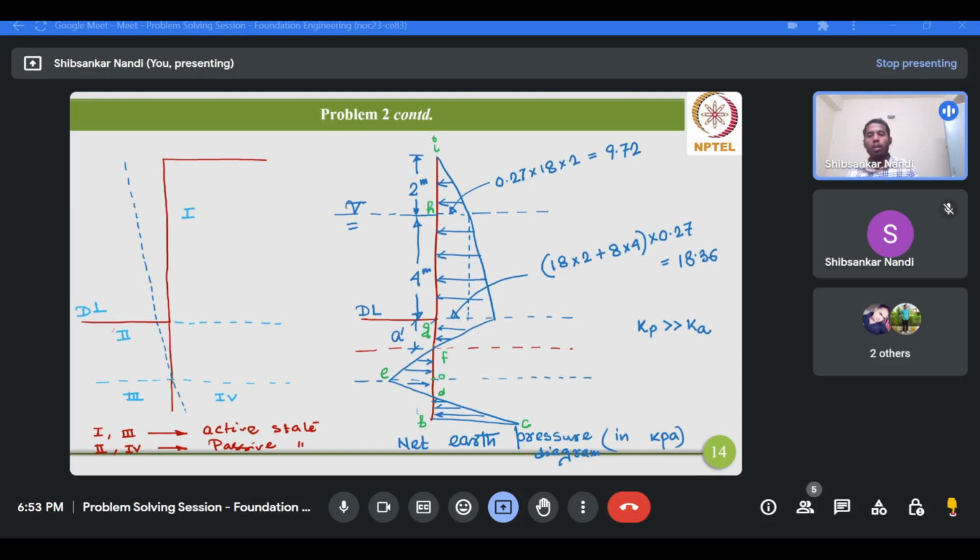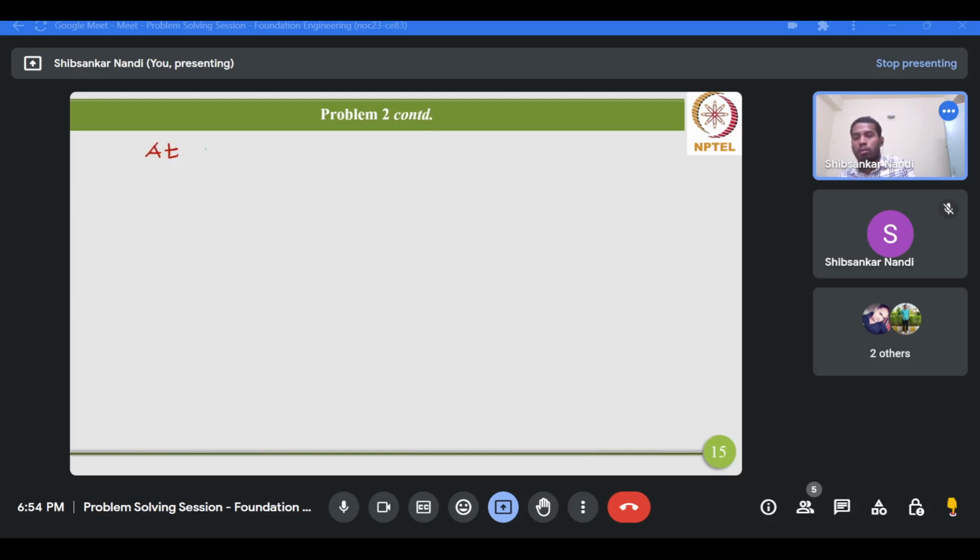Now we are calculating the active earth pressure at a distance A prime from DL.